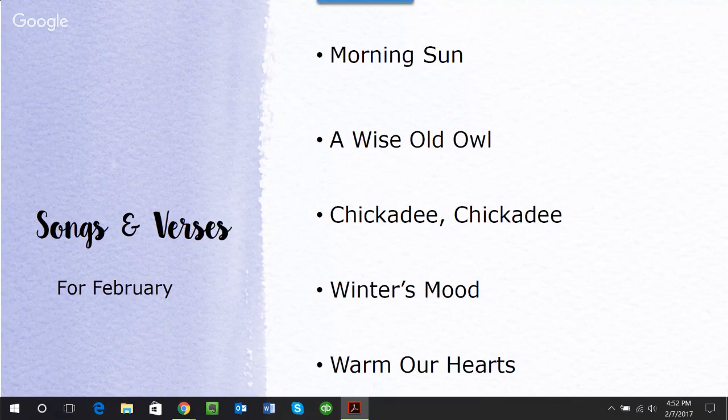And I'll also mark where in the replay, in the video, this comes up in case you want to hear me reading them again. So the two I want to share are the first one and the last one. The first one's called Morning Sun, and the last one is Warm Our Hearts. I think they're really great verses for really any age children to start and finish our lesson time, to create the bookends of our time engaging in activities together.